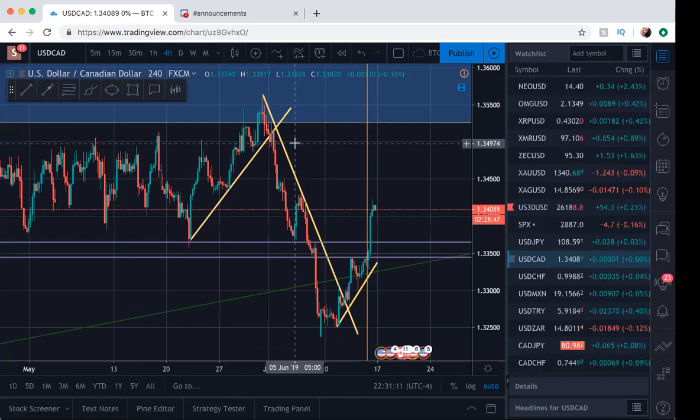Now, this doesn't happen every day. This doesn't happen every week. But this is something to keep in mind when you're looking for trade setups, especially if you're up at Eastern Standard Time, 2 to 4 a.m., if you're waking up to trade London. I mean, this is also called the London Breakout.